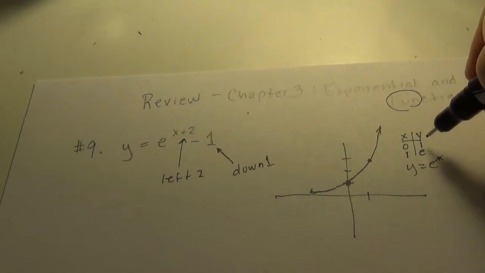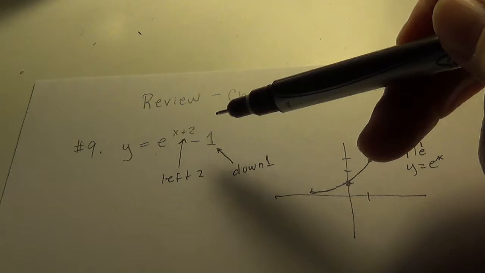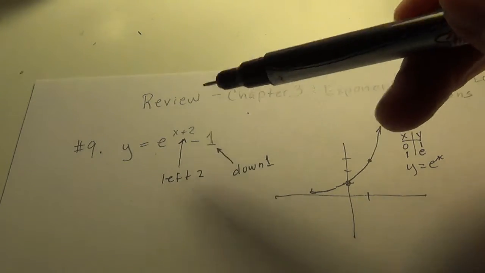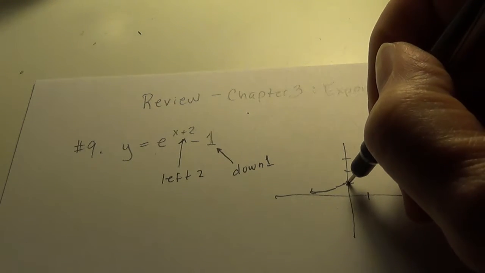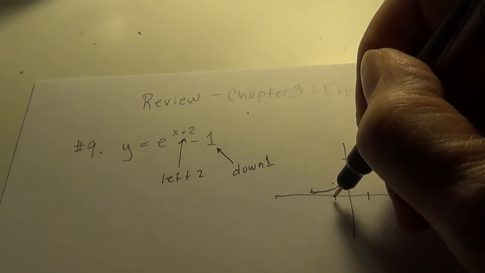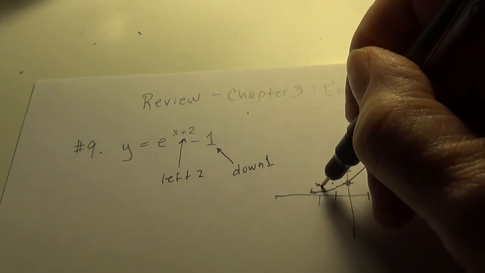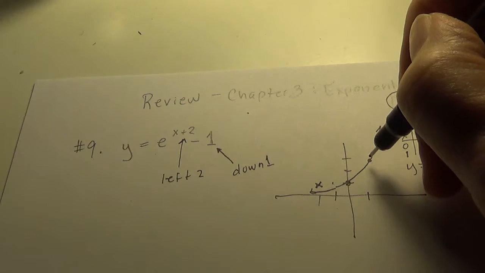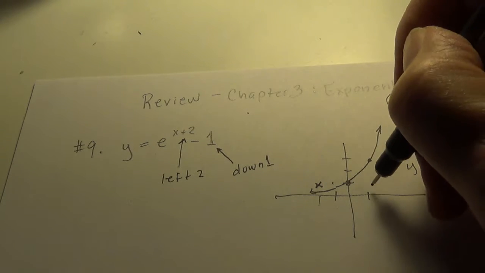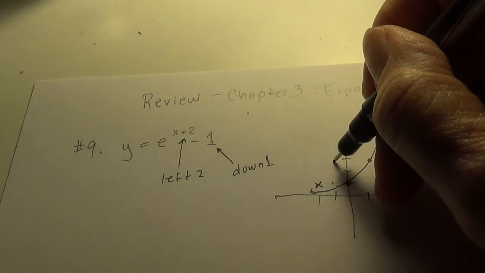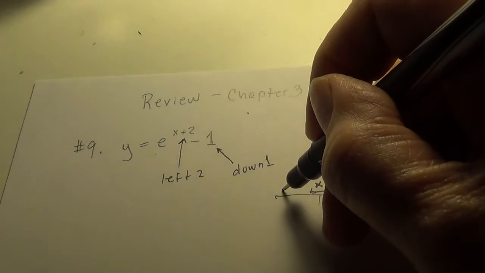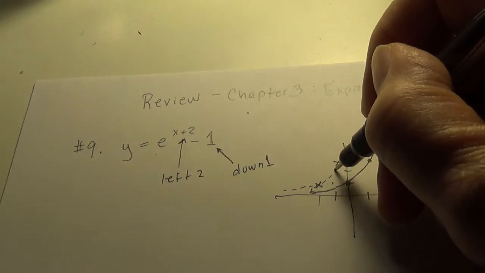So that is the first step, but this tells me I have to move that to the left 2. So take this point and I'll move it over 2. So I'll put an X there. And this point, I'll move that over 2. So I'm finding the second one, I'll dot in here.